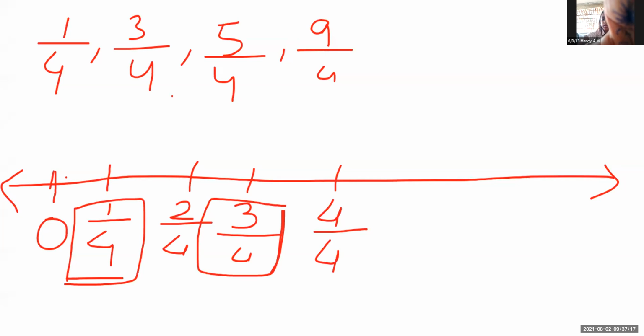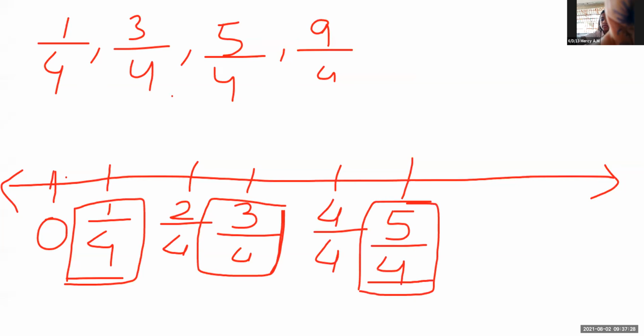After 4 upon 4, I should write 5 upon 4. Okay. So this also I have found out, 5 upon 4. Now next, 5 upon 4 के बाद में, very good. In this way only you have to find out. Next 6 upon 4.